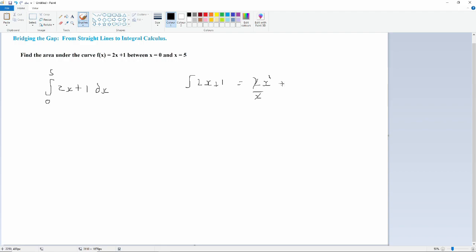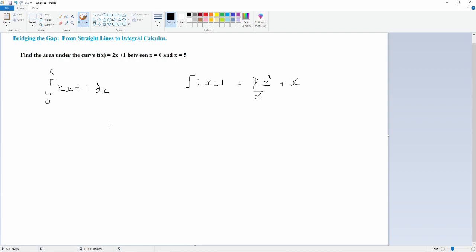And then plus 1, that could be read as 1x to the power 0. So the 0 becomes a 1, so it's 1x to the power 1, and divide by 1, 1 divided by 1 is 1, and 1 times x is just x. So our answer is x squared plus x.